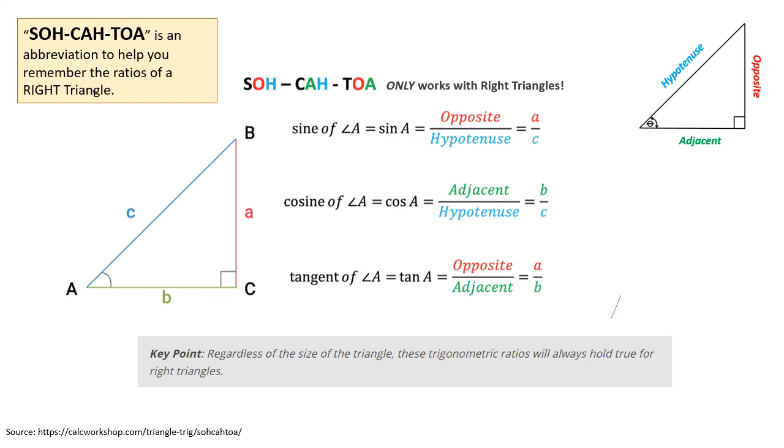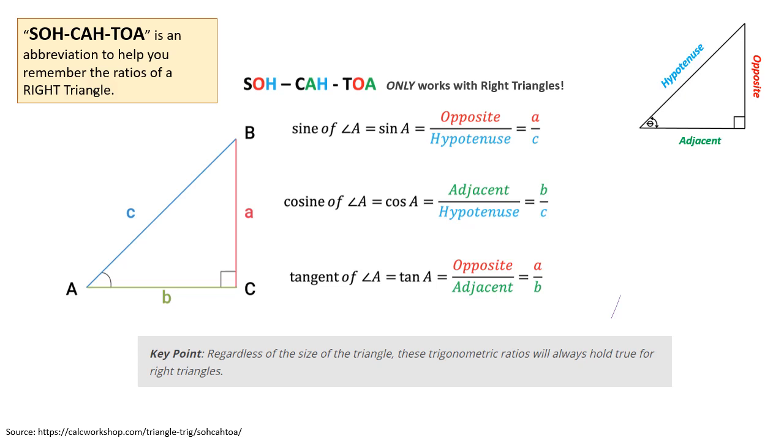So as a refresher of what we have reviewed already, SOHCAHTOA is an abbreviation that helps us remember the ratios of the sides of a triangle.